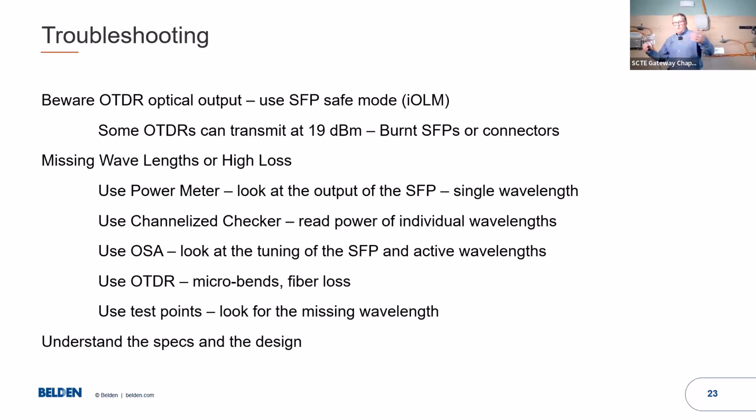So power meter, remember total optical power. You know what you're talking about in the world of muxes. That makes an optical spectrum analyzer more important. Those will be in a few slides. Channelized checker. It looks like a power meter, but you can toggle through different wavelengths. Those are better depending on the model you have and how old your stuff is. Some of them were just calculated.